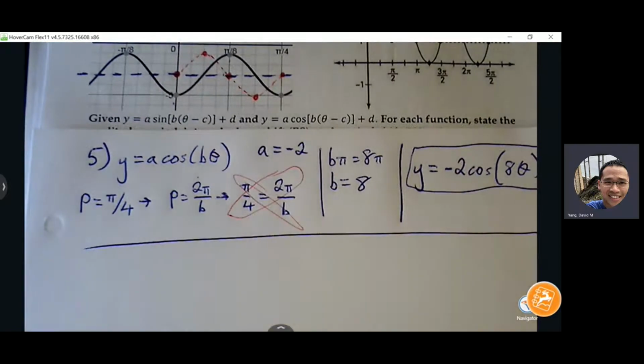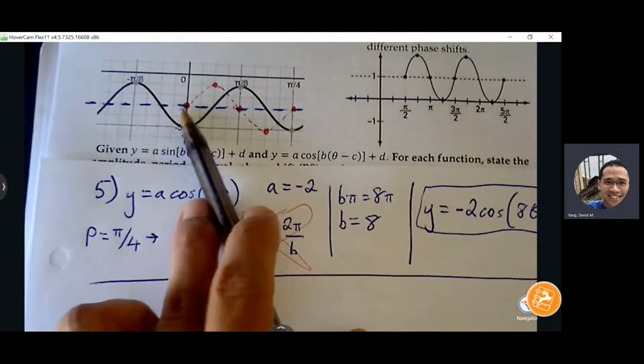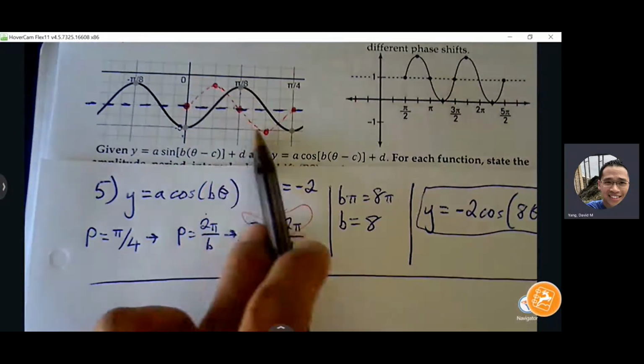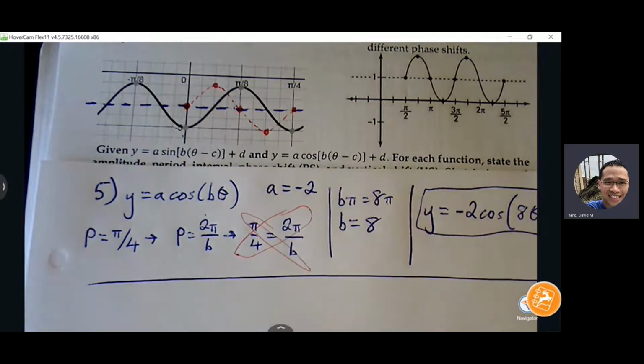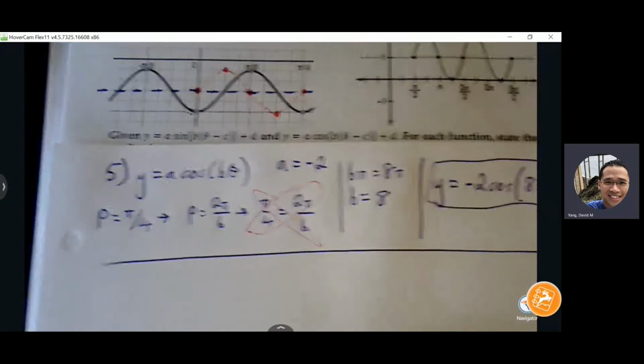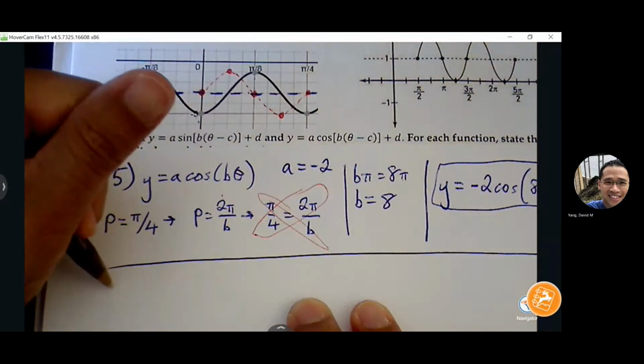Okay, what carryover do we have? Same what? Okay, close, same amplitude, but the A value is now going to be what? +2, right? Is this sine graph that we have in front of us reflected? It's not, right? It's the original sine graph, so we will make an adjustment. The cosine is reflected, but the sine graph is not reflected. So we'll make the A positive 2.